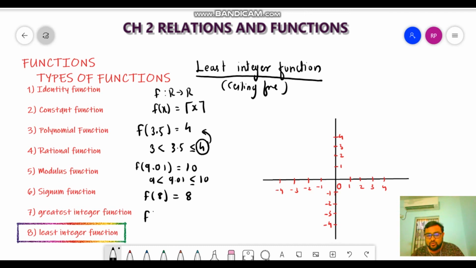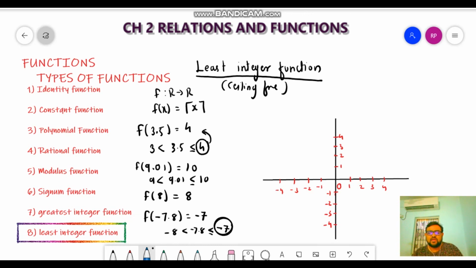If I take a negative number, minus 7.8, then minus 8 is less than minus 7.8 less than or equal to minus 7. Here this will be equal to minus 7. We will take the value on the right.